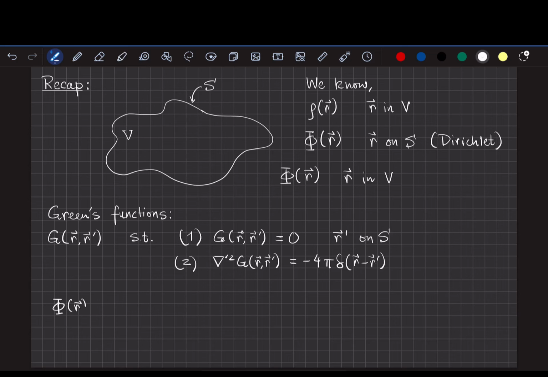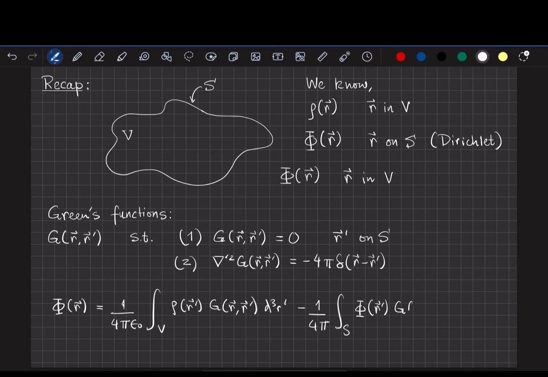We have a volume integral of the charge density times the Green's function minus a surface integral of the potential times the gradient of the Green's function.